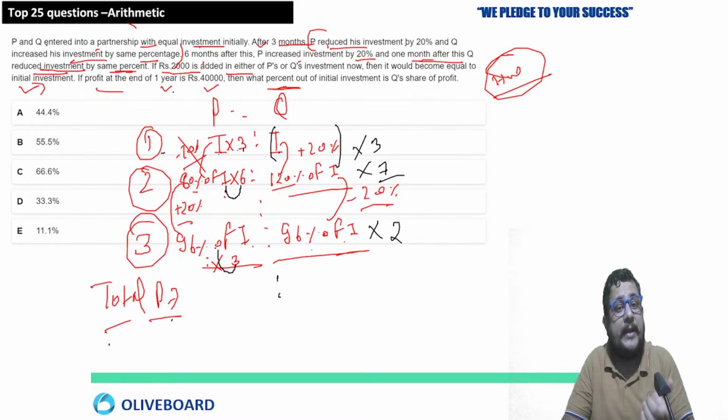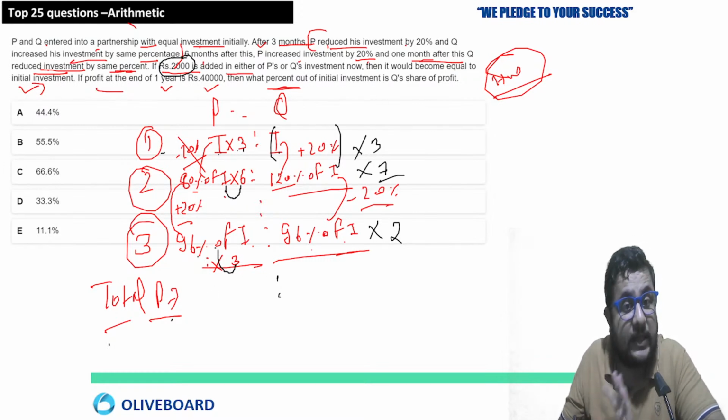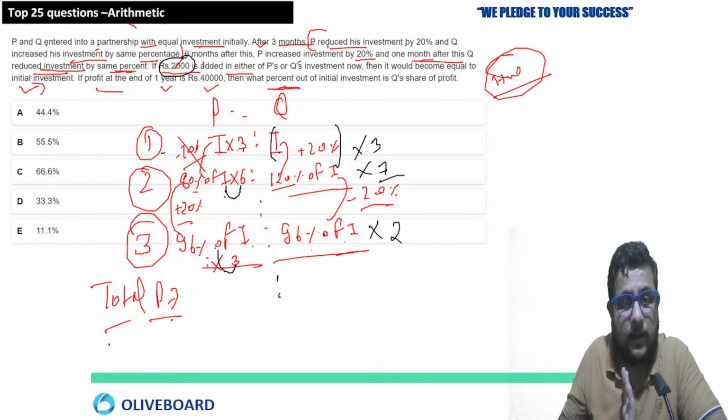So the profit at the end of 1 year they have mentioned. By this logic, you can easily get the value of rupees 2000, but there is no need to calculate the actual values here. Clearly see here. Now I plus 80% of I plus 96% of I. So when you add this, 80 plus 96, you are going to get what?